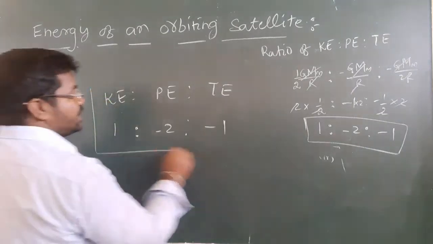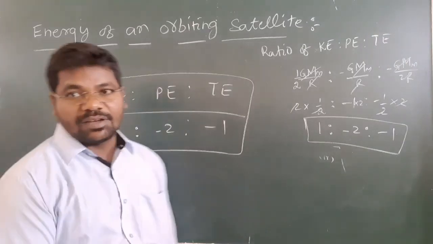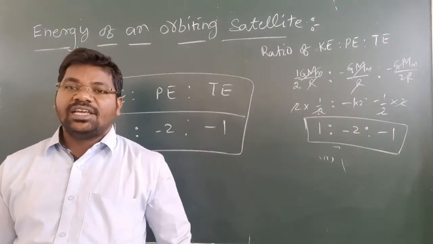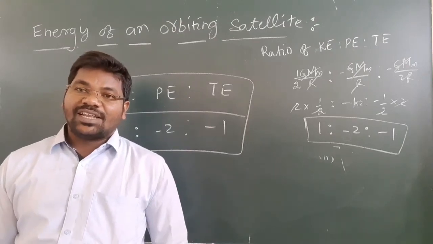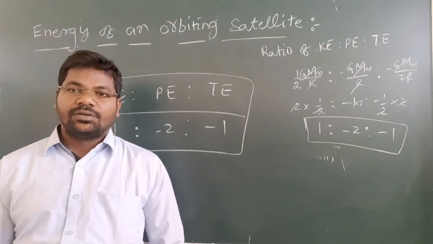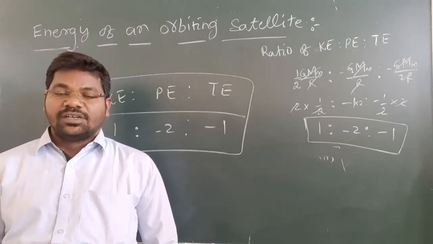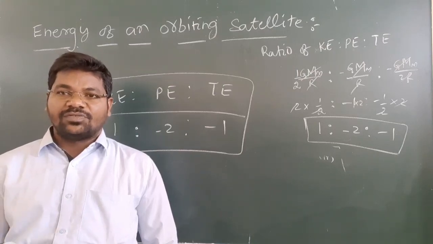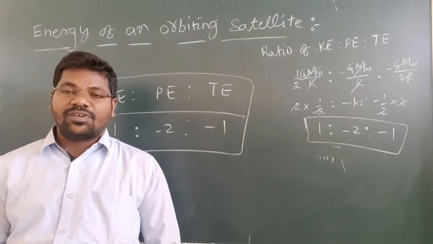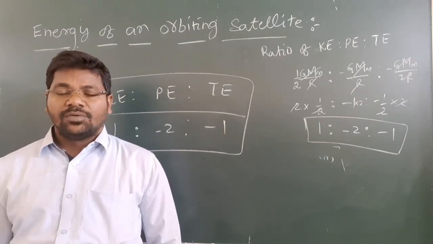This relation is also applicable for an electron revolving around the nucleus in a particular orbit. For that electron, the kinetic, potential and total energy ratio is the same. This is useful for both cases: for a satellite orbiting around the sun or a planet, and for an electron revolving around the nucleus.